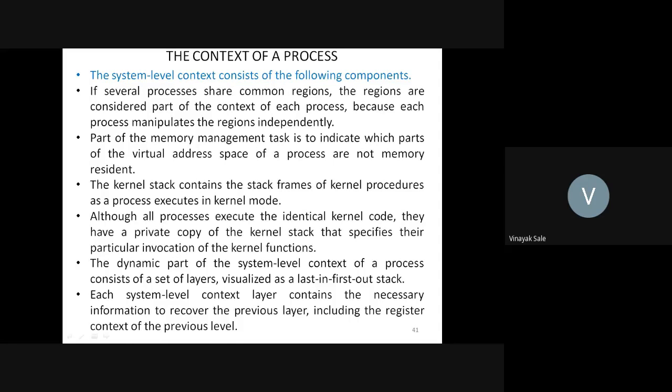The dynamic part of the system level context of a process consists of a set of layers visualized in last in first out manner, because the processes execute identical kernel code, and the kernel stack contains the stack frames of kernel procedures as the process executes in kernel mode, that is, last in first out or first in last out manner.